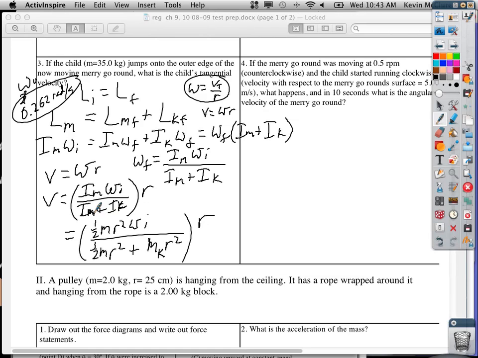So what you have to do is know that I will give you the moment of inertia for anything that is not like this. If something is moving like this, I expect you to know that its moment of inertia is mr squared. But if something is like a disk, a sphere, or a rod that's spinning, I'll give you that.